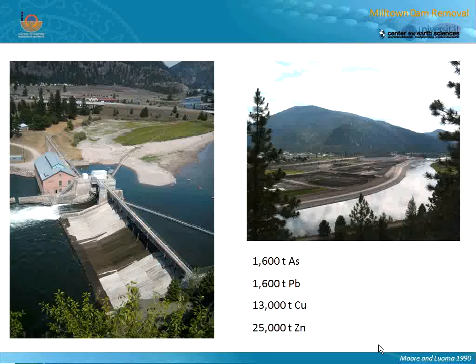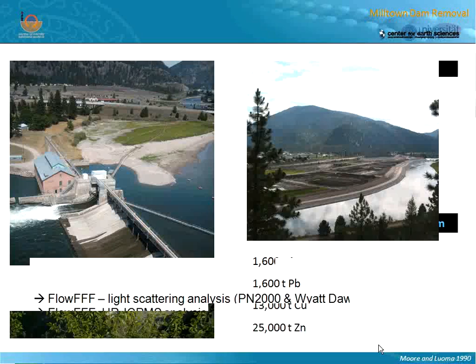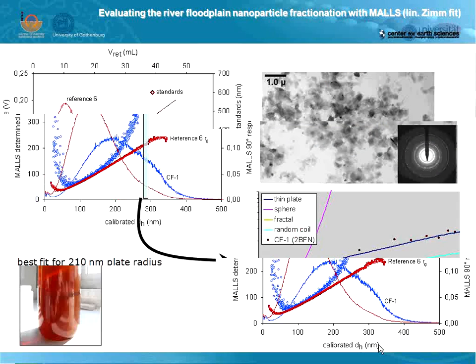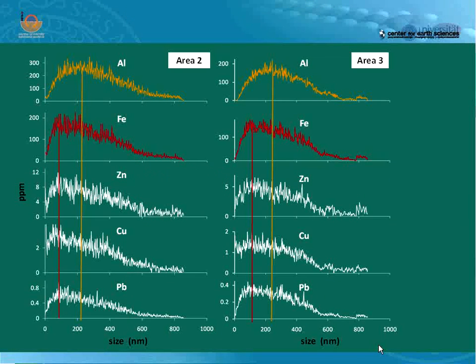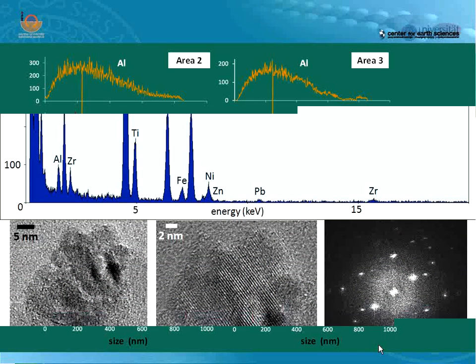This is in Montana, and this is one of the largest Superfund sites in the U.S. More than 100 years of mining and smelting activities was done at the Clark Fork River here, and EPA decided one day to remove that dam, and hundreds of thousands of cubic meters of contaminated sediment that had accumulated behind that dam afterwards was spread along the river. So we took some floodplain soils and analyzed particles in there, with FFF, of course, and light scattering, and also with ICP-MS.